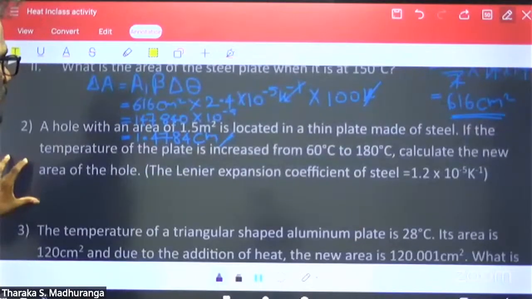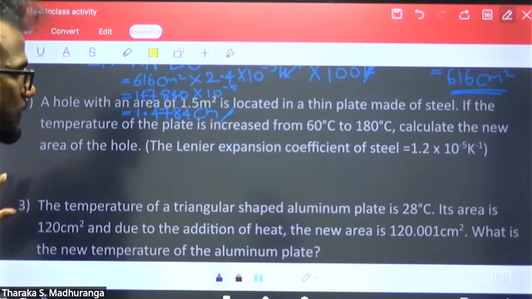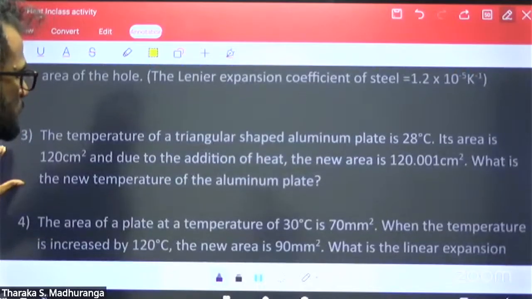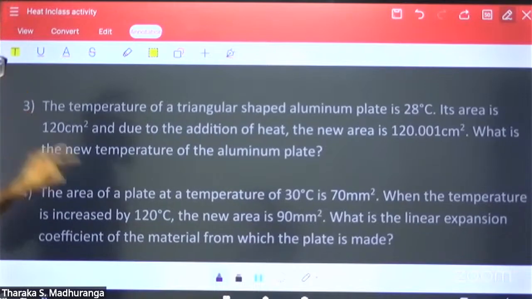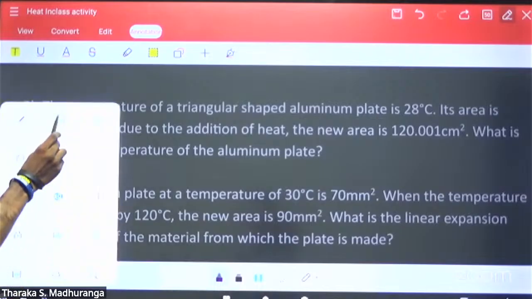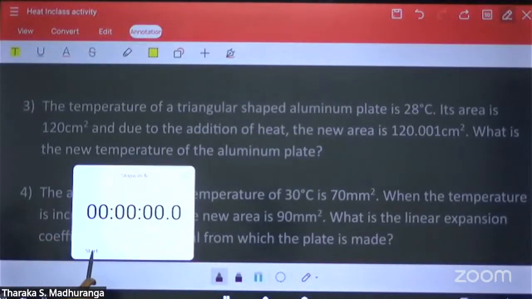Okay, now the second question is for homework. Third question, I can give you 3 minutes. Please calculate the third question.